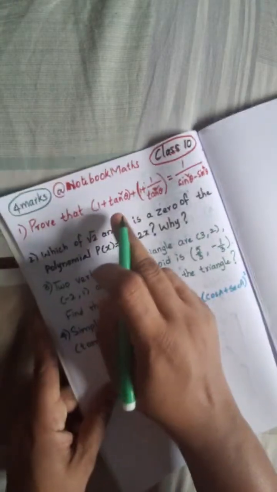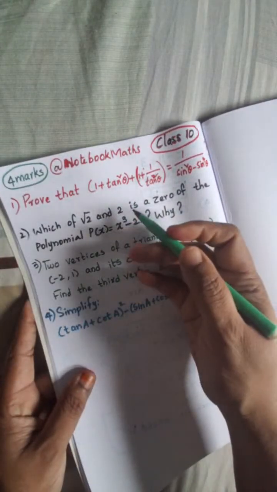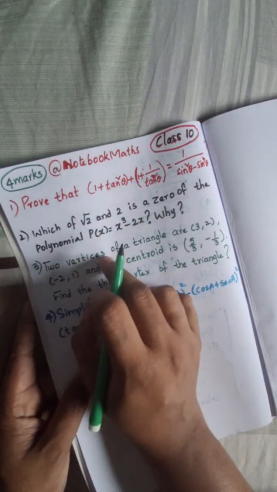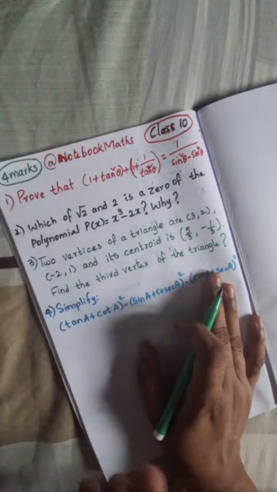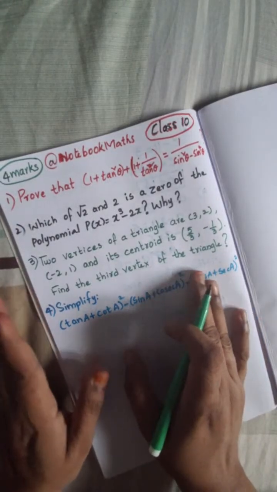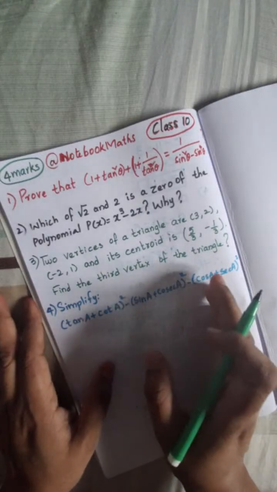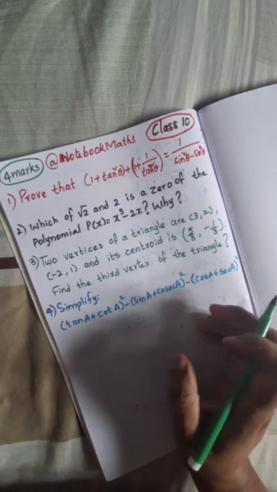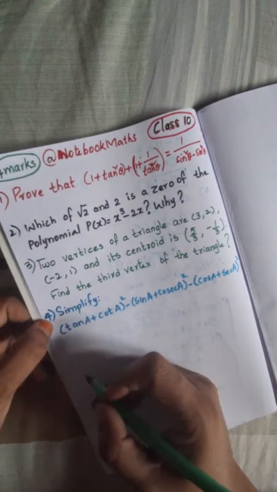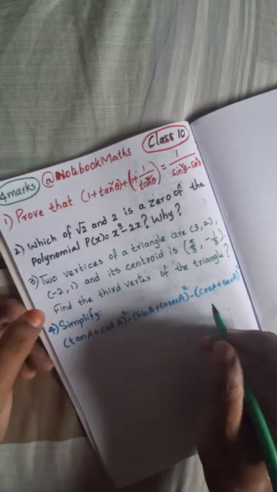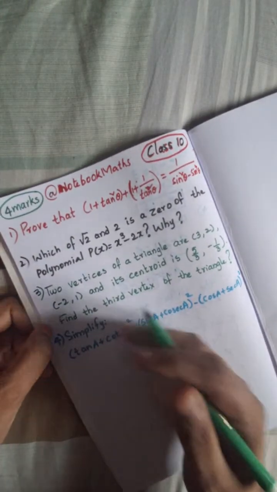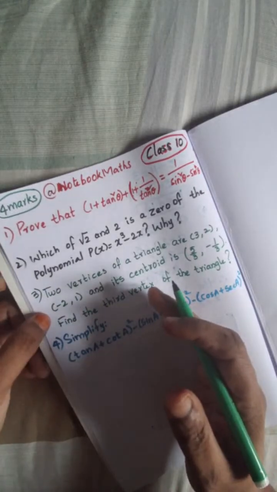The first and fourth are from the trigonometry chapter, the others are from the polynomial chapter and coordinate geometry. So we have 4 problems from 3 different chapters, very important problems. Let's start the solutions. Please watch the complete video. One by one I am going to solve these 4 marks questions.